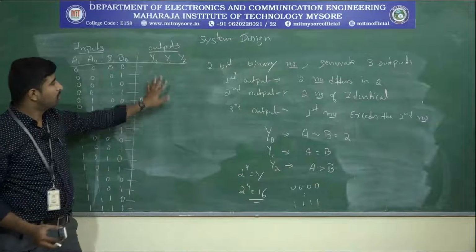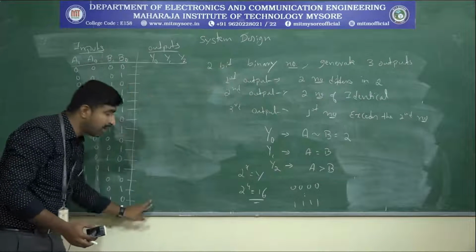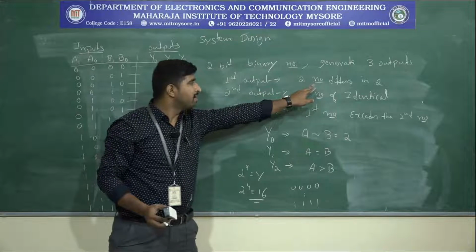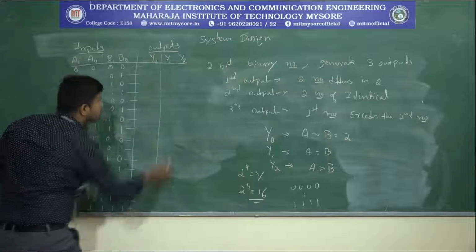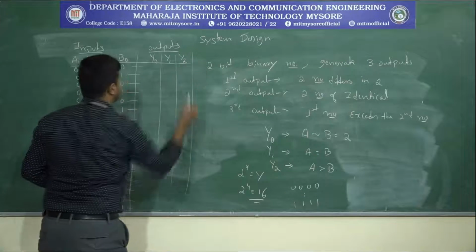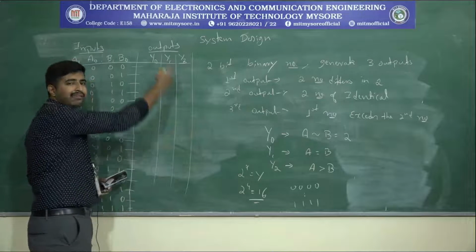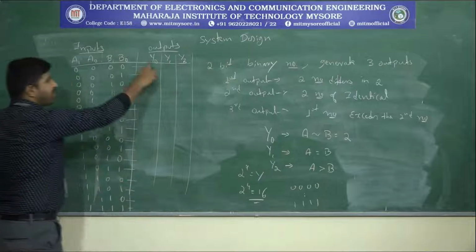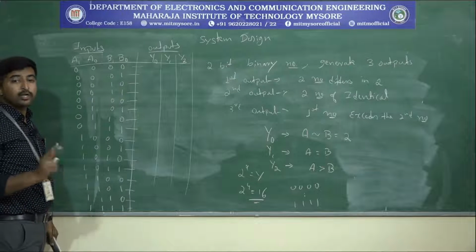Now let's see the output. The first output, Y0, will be enabled when the two numbers differ by 2. Let's write the output table. First I will complete Y0, then I will take Y1, then Y2. Y0 will be enabled when the difference between the two numbers is 2.